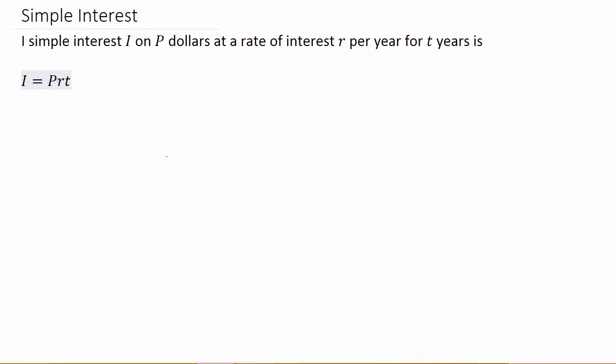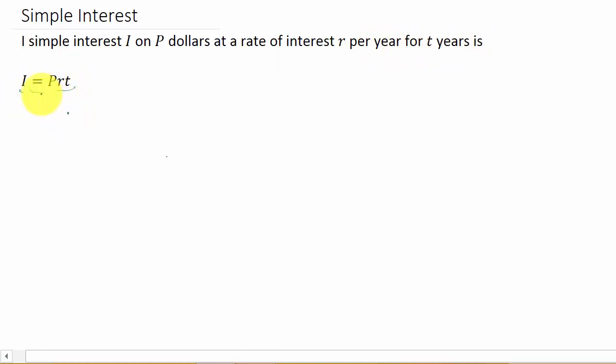It says, alright, so here, well, this is a typo, it should be the simple interest I on P dollars at a rate of interest R per year for T years is I equals PRT.